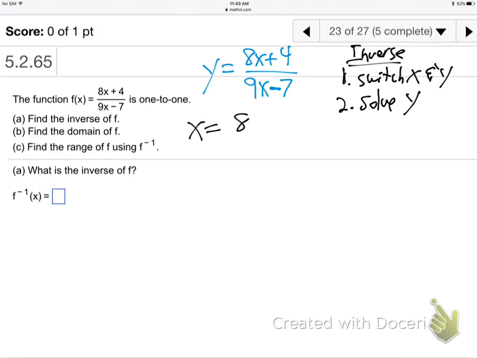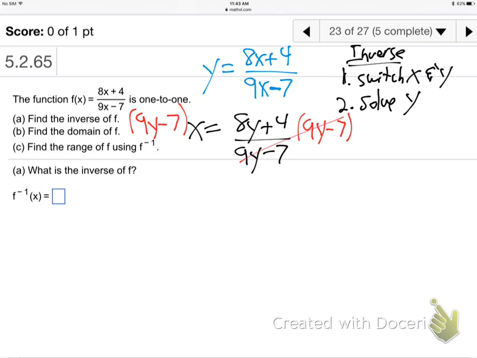X equals... okay, you guys getting it? Multiply by 9y minus 7.